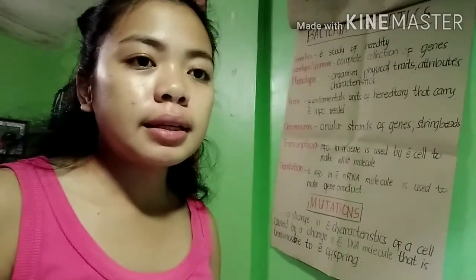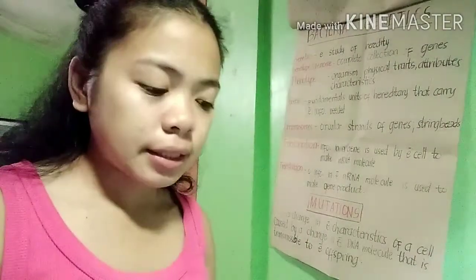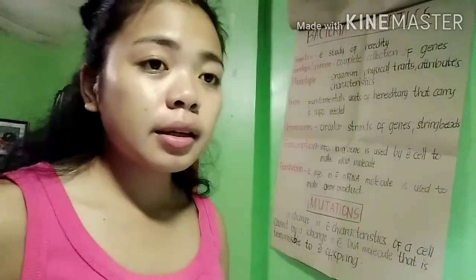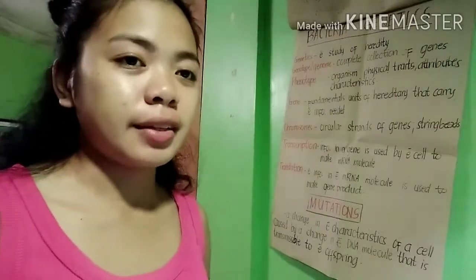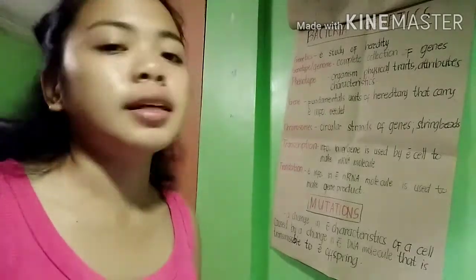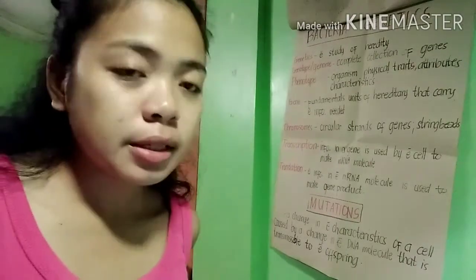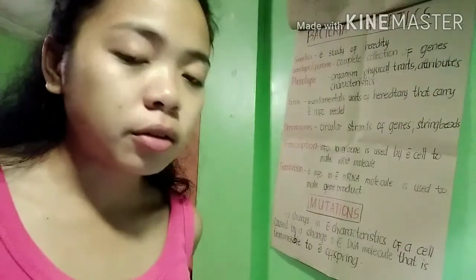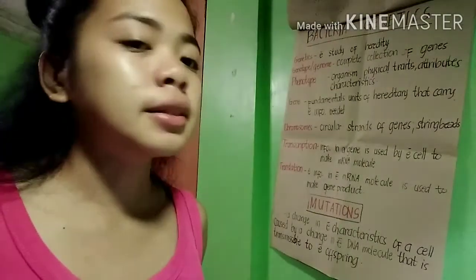So, the next is bacterial genetics. What is genetics? It's the study of heredity. Your DNA, your genes, our gene codes, our chromosomes. The genotype or genome is the complete collection of genes.